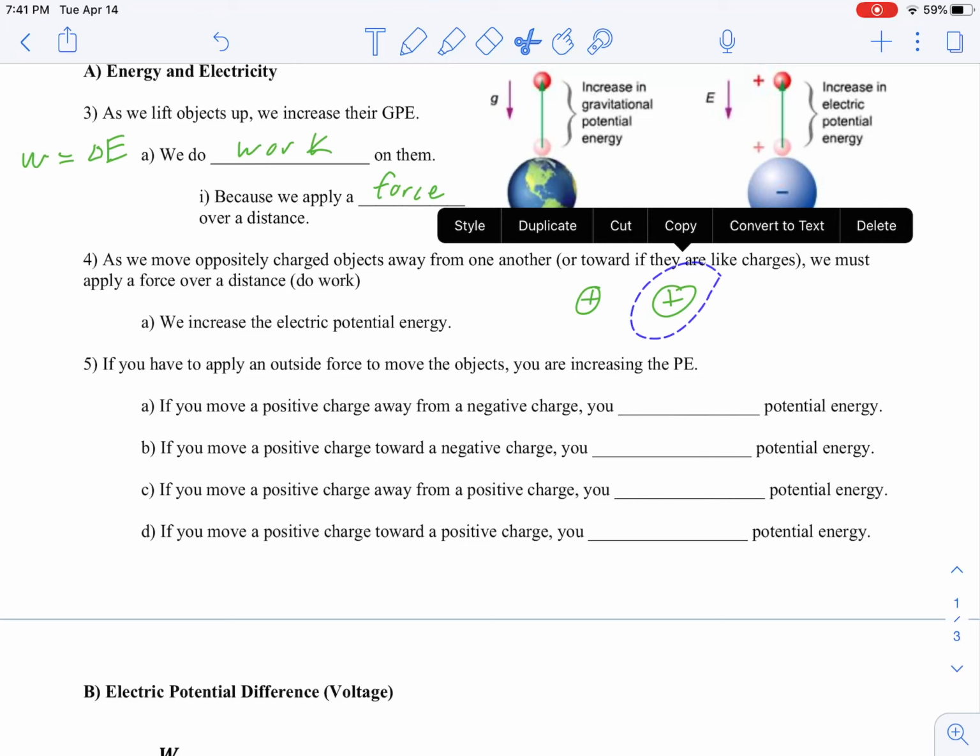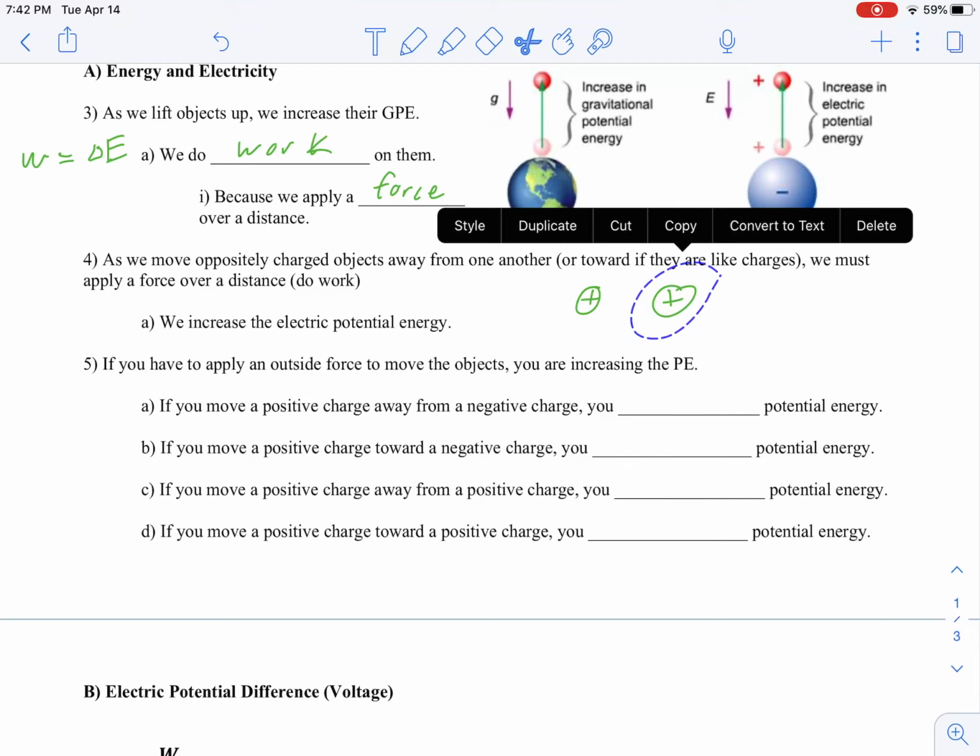All right? So basically, whenever you fight nature's natural tendency, you do work and you increase potential energy. If you pick up an object, it doesn't want to get picked up, it wants to fall. So picking it up increases gravitational potential energy. If you move two positive objects toward each other, they don't want to do that.